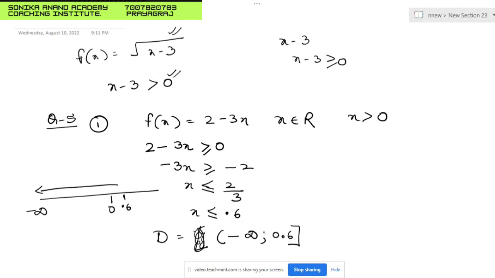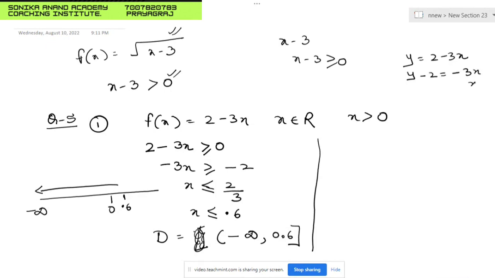Now we have to find the range, not the domain. I want to find a trick. If I put y equal to 2 minus 3x, I don't want to evaluate that. Y minus 2 is equal to minus 3x.